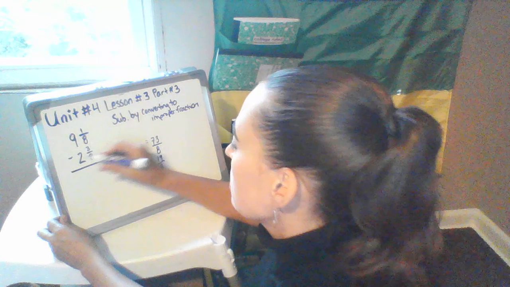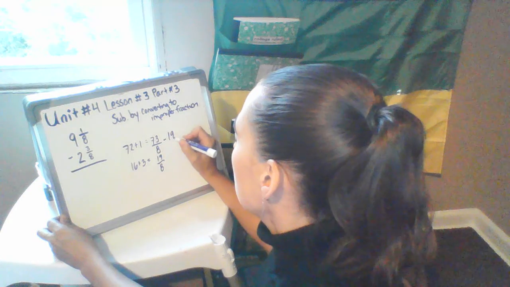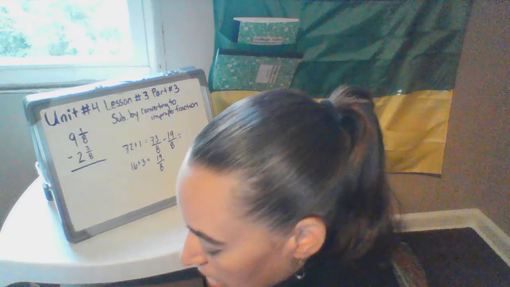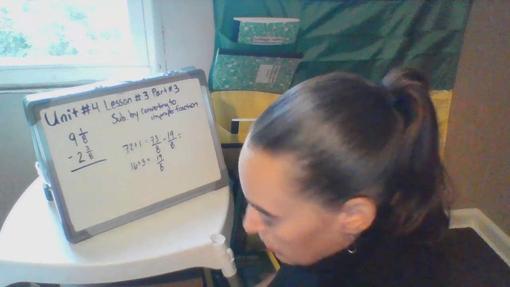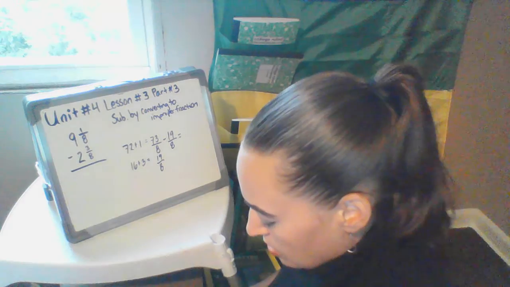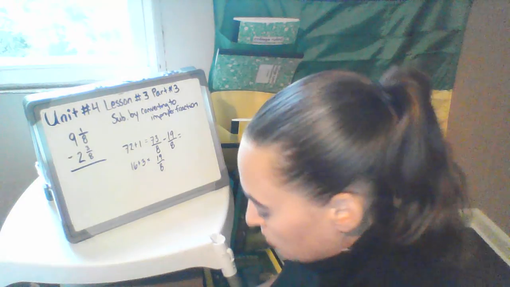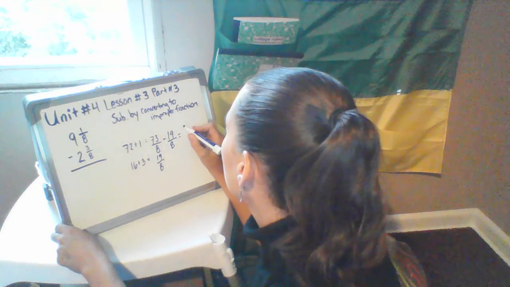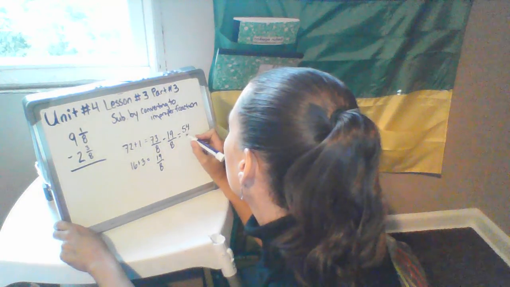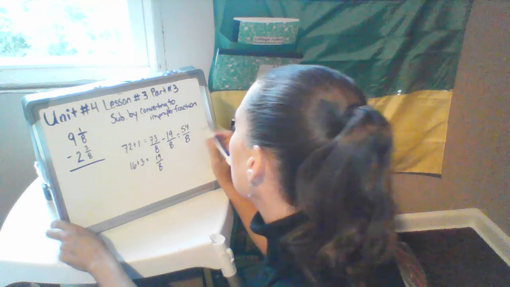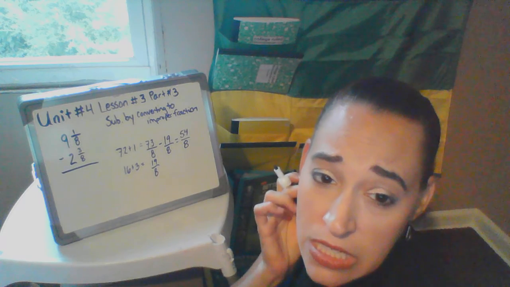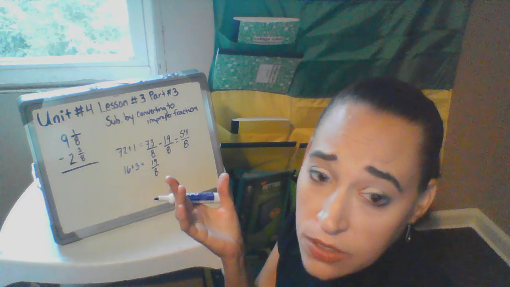Okay, so subtraction. So 73 minus 19 over 8. So if you want to take your calculators, Miss Fisher is a little bit burnt out from doing so much math today. So we got 54 over 8. Okay, now you can easily convert it back into that mixed number and you have your solution.